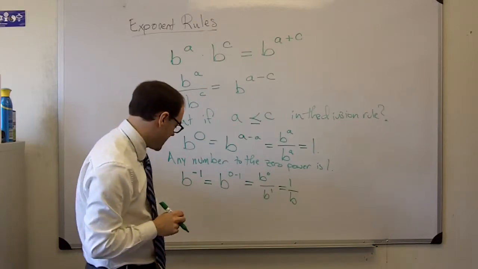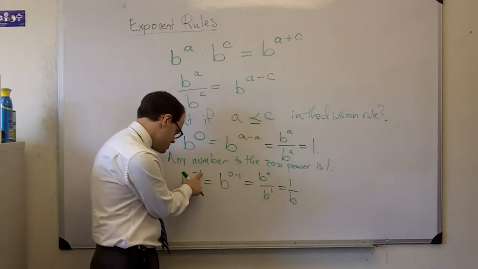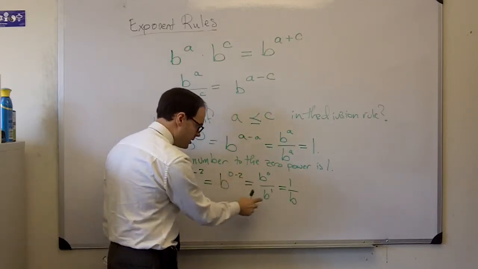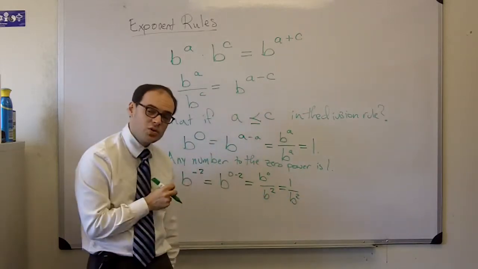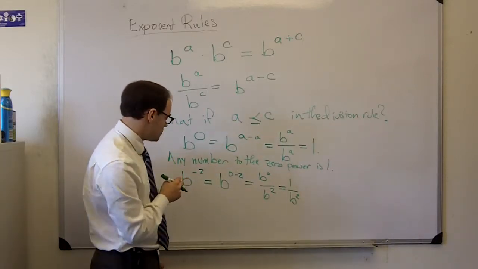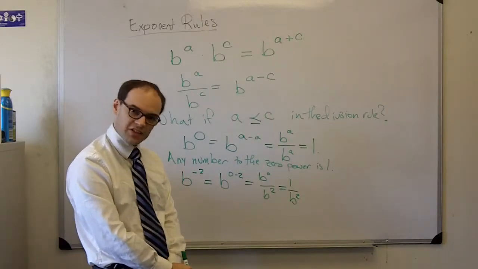Ah, well, that's kind of nice. So if I had B to the negative 2, put a 2 there, a 2 here, and B squared. So B to the negative 2 really means 1 over B squared. So in particular, B to the negative anything is really just 1 over B to the that.